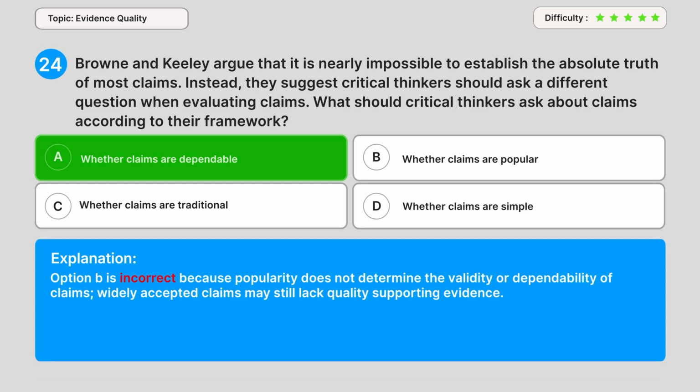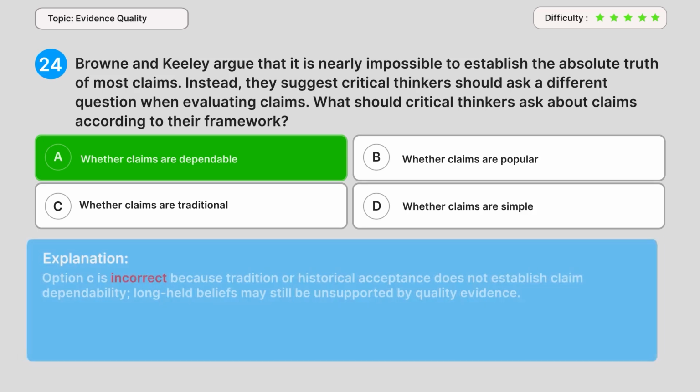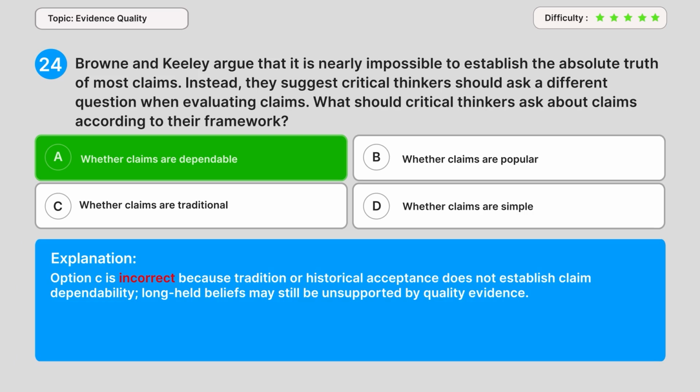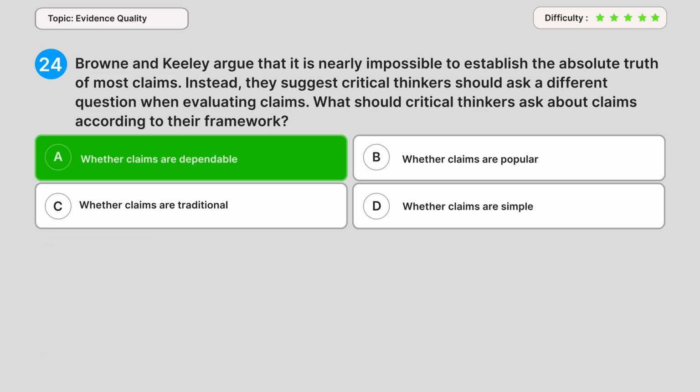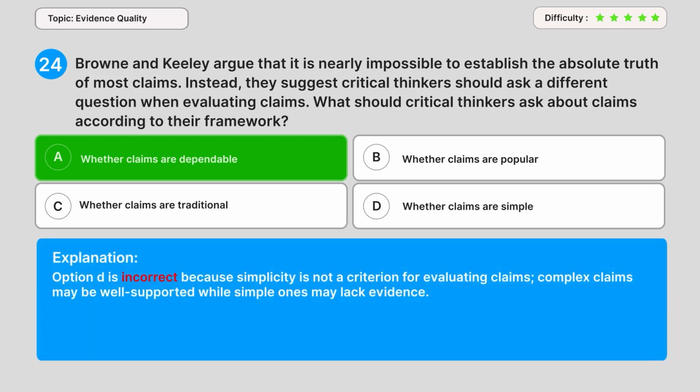Widely accepted claims may still lack quality supporting evidence. Option C is incorrect because tradition or historical acceptance does not establish claim dependability. Long-held beliefs may still be unsupported by quality evidence. Option D is incorrect because simplicity is not a criterion for evaluating claims. Complex claims may be well supported, while simple ones may lack evidence.